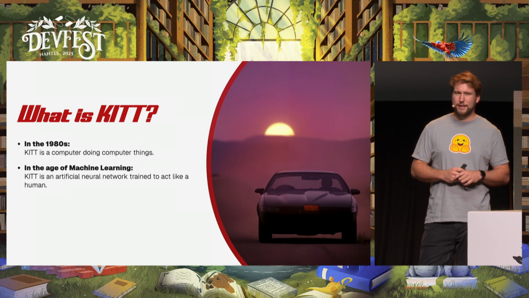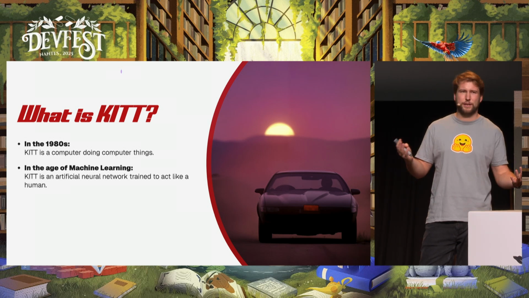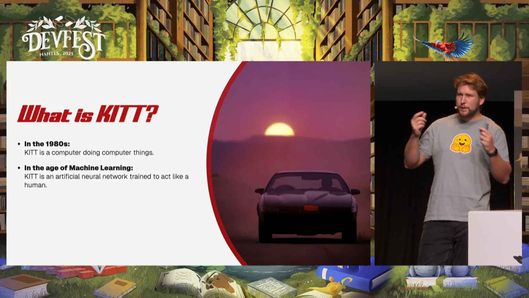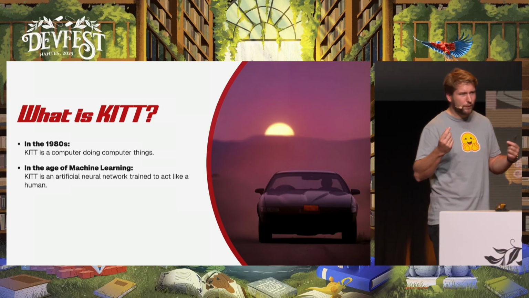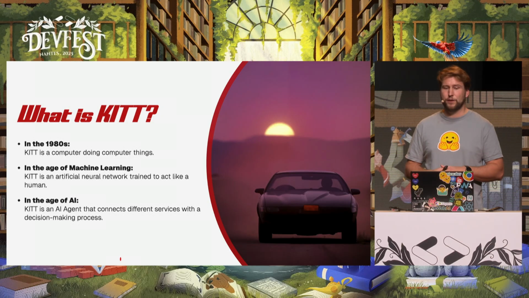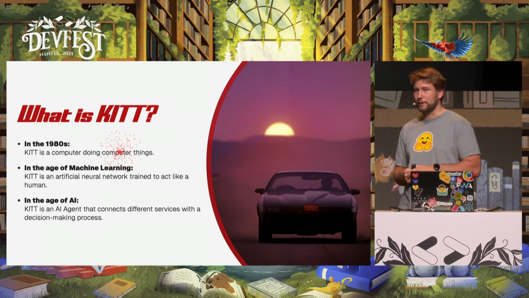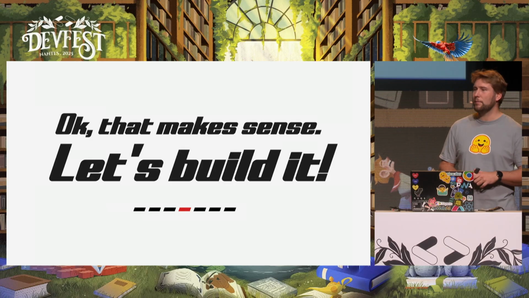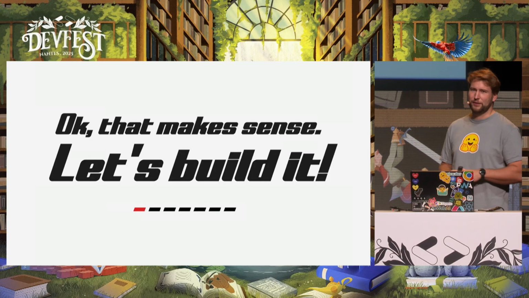So maybe K.I.T. is just this huge artificial neural network that learns by tweaking the connections between the neurons. But now we are in the age of AI. So maybe K.I.T. is just an AI agent that connects different services with a decision-making process. Okay, that makes sense. Let's build it.